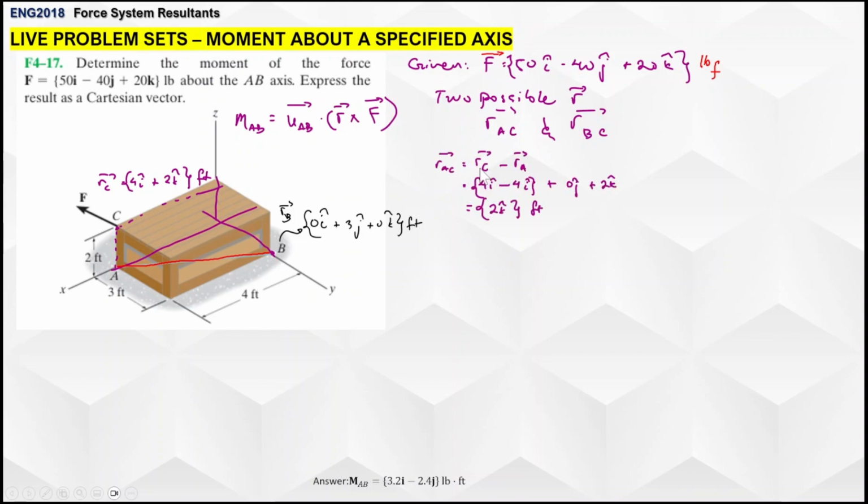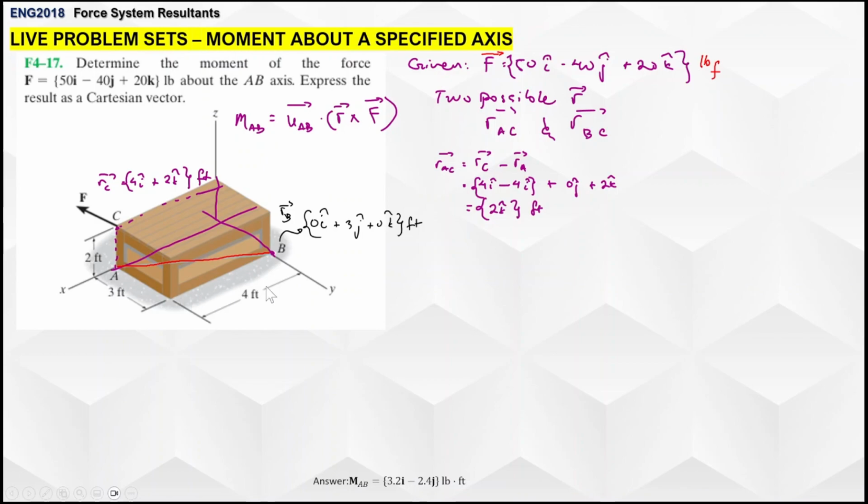RAC is equal to the RC position vector minus the RA position vector. So in this case, 4, and RA here, this one is position A, so that's only 4 i hat, so 4 minus 4 is 0.